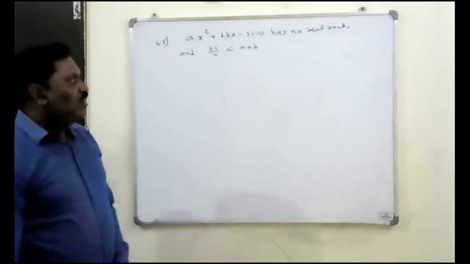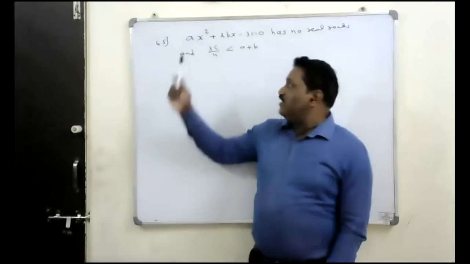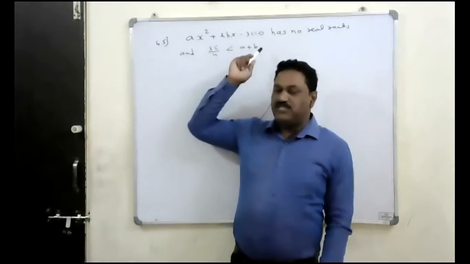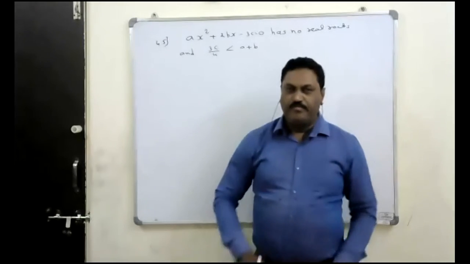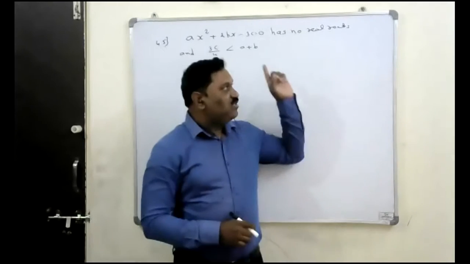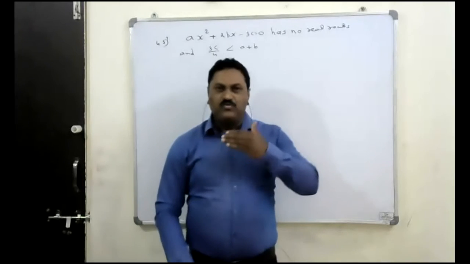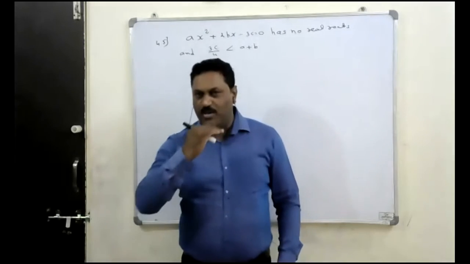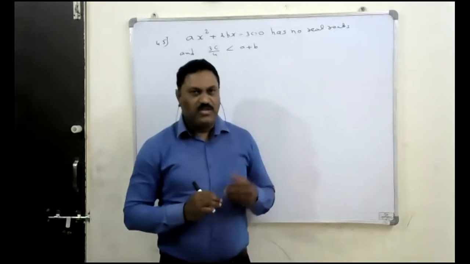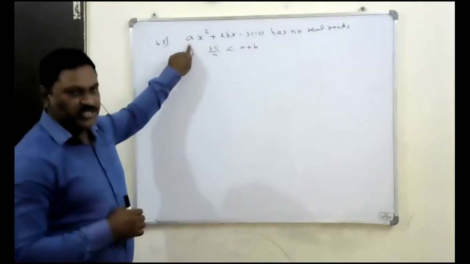So how can you understand this problem? Since they have given that ax square plus 2bx minus 3c is equal to 0 has no real root, it means if you draw the graph of that curve, the entire curve may lie either above the x-axis or below the x-axis. We don't know exactly, because that depends upon the x square coefficient.